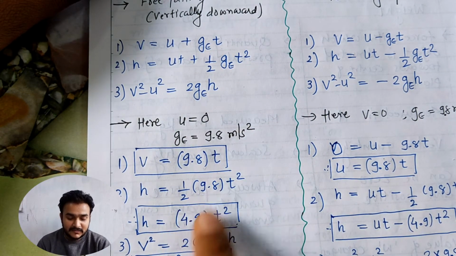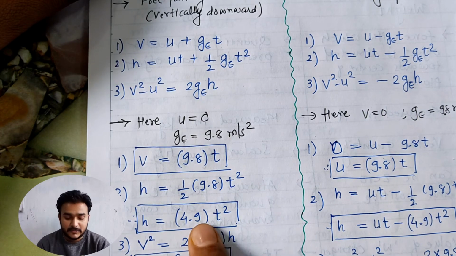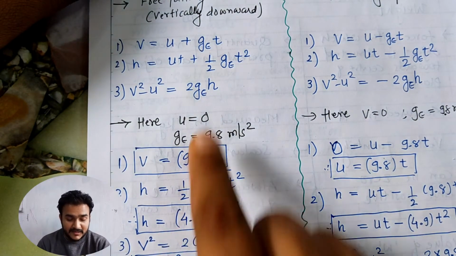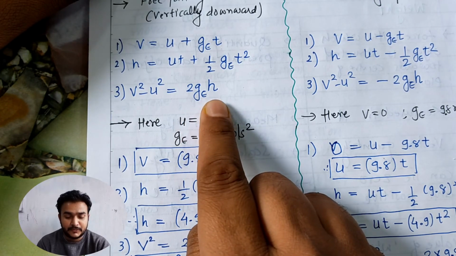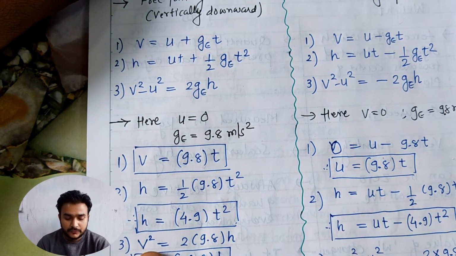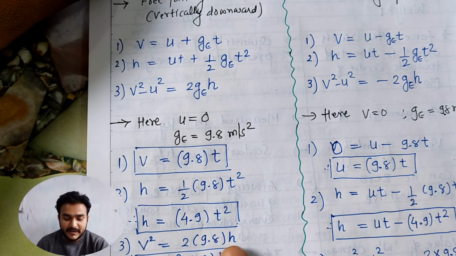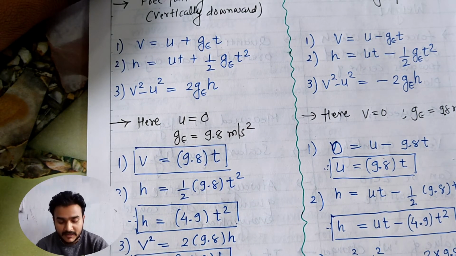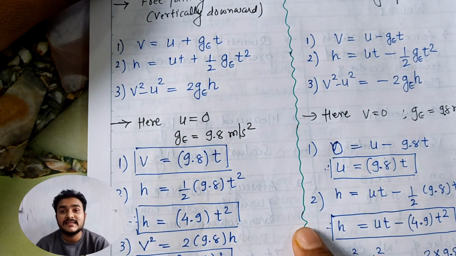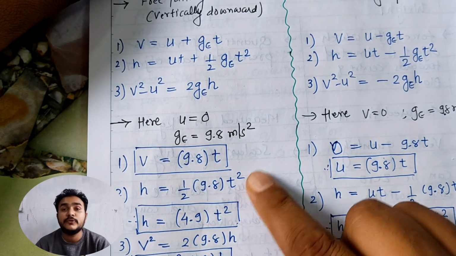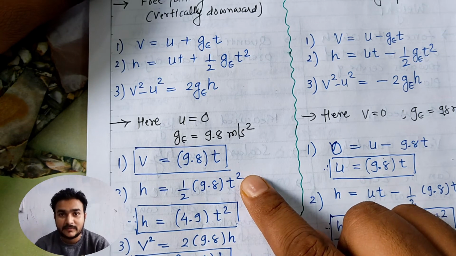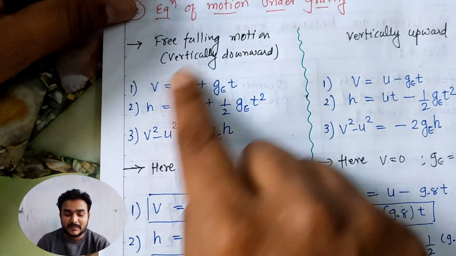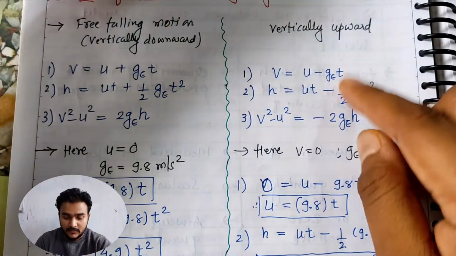If you cancel this, it becomes h is equal to 4.9 t square. And the third equation, v square minus u square is equal to 2gh. Since u is equal to 0, v square is equal to 2 into 9.8 into h. So v square is equal to 19.6 into h. You can directly memorize these three equations and use them directly in the numerical part as well.